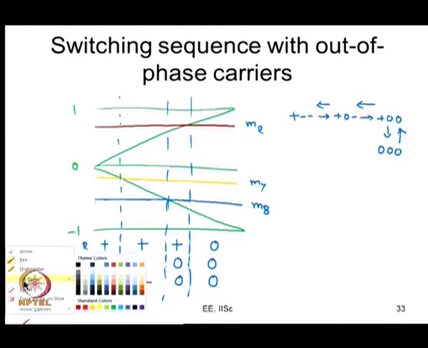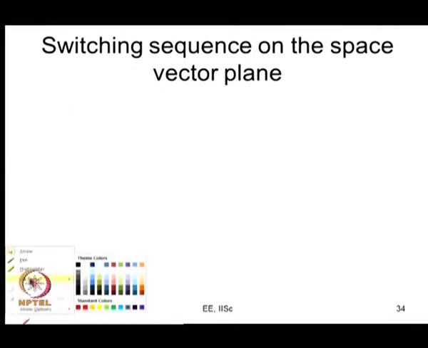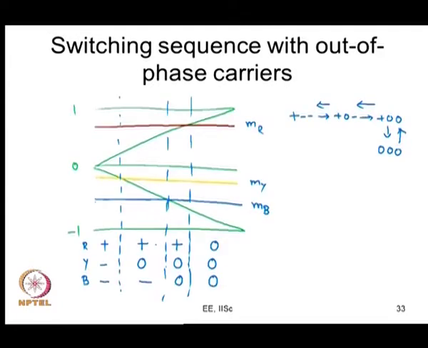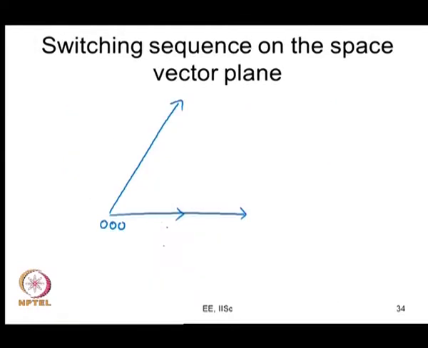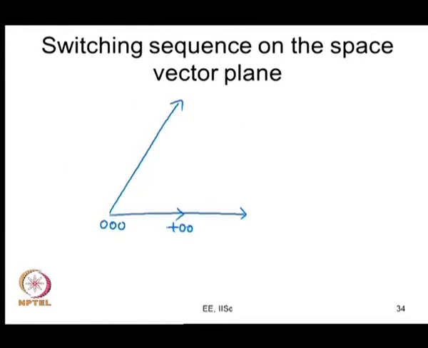Now, let us look at how it varies for the other one. That is, let us look at this in the space vector plane. Okay. So, we have 0 0 0 here, we have then plus 0 0 which is here, and we have plus 0 minus and plus minus minus.